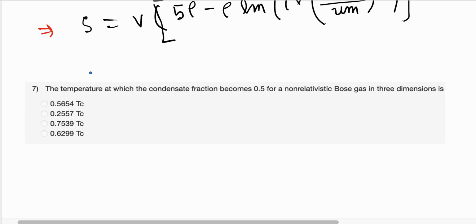Now it is asked: the temperature at which the condensate fraction becomes 0.5 for a non-relativistic Bose gas in 3 dimensions.